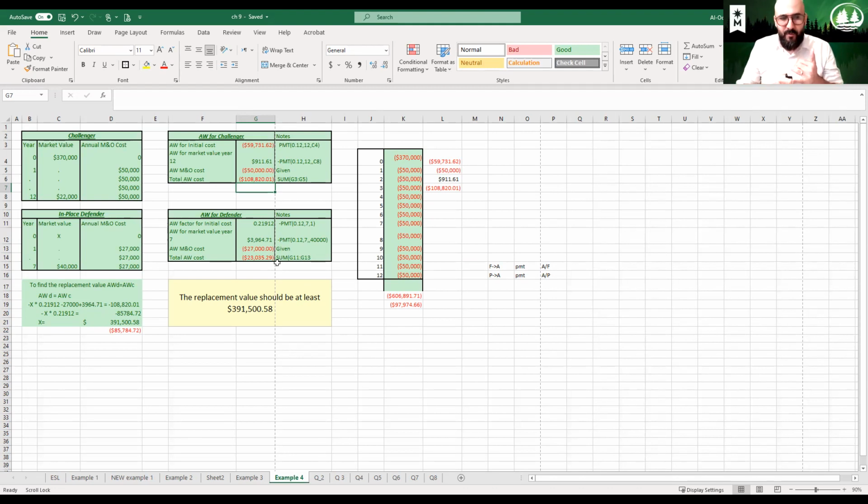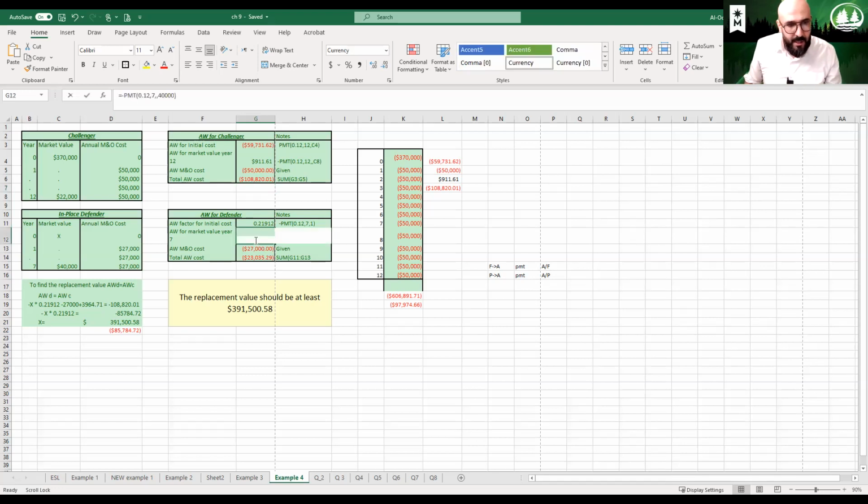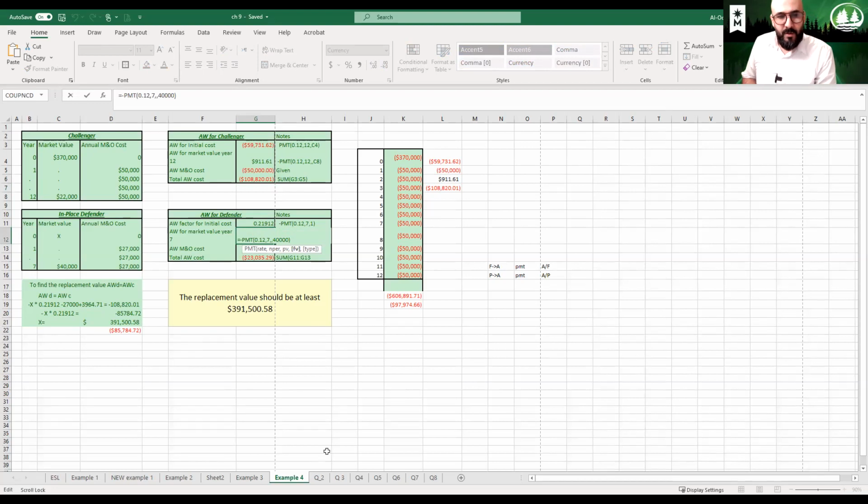And we have the salvage value of 40,000. We have maintenance and operational cost of 27,000. So start with the salvage value, which is the 40,000. Find the PMT for 12%, 7 years, nothing for the PV, and the future value to be 40,000.